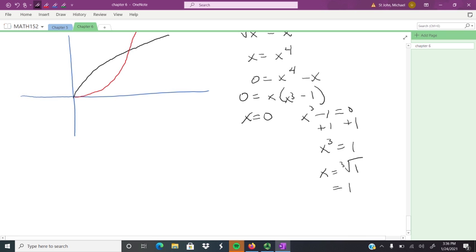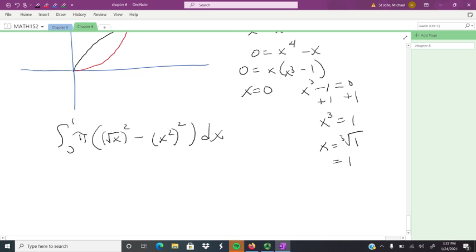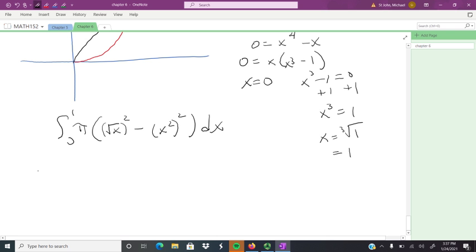Okay? So now we're going to have our integral 0 to 1 of pi, the black curve on top. So this is going to be the square root of x squared minus x squared dx. And the pi can come up front.